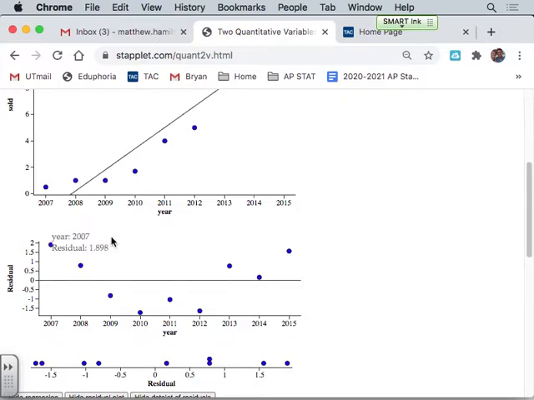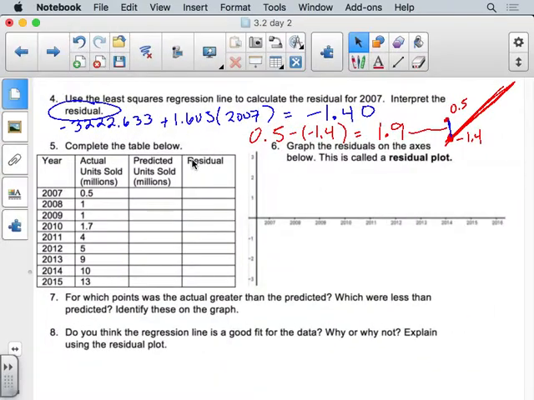Like we did this one, it was negative 1.4 million, and we got positive 1.9. I think the residual on the paper went all the way to 3 decimals. It was probably like 1.8 something because they didn't round like we did. But they had a residual at positive 1.9.